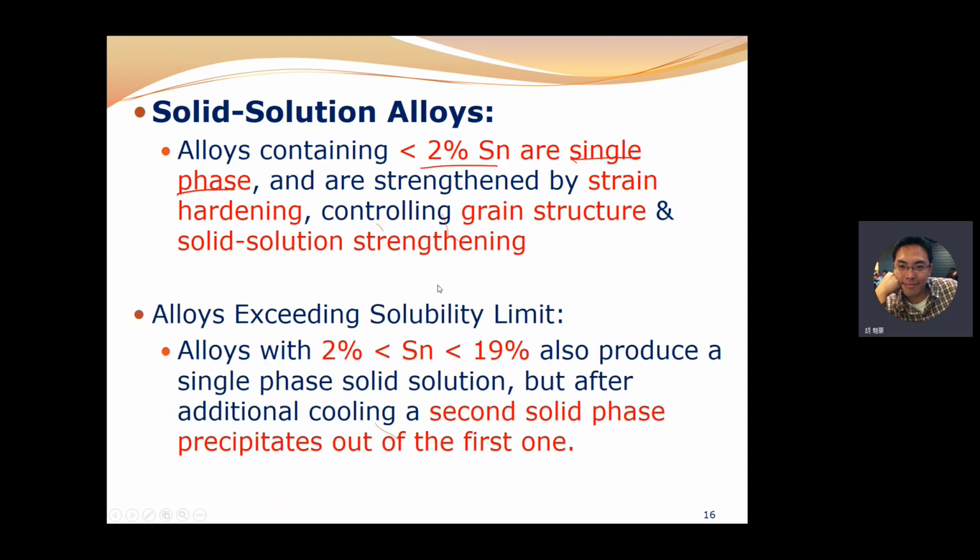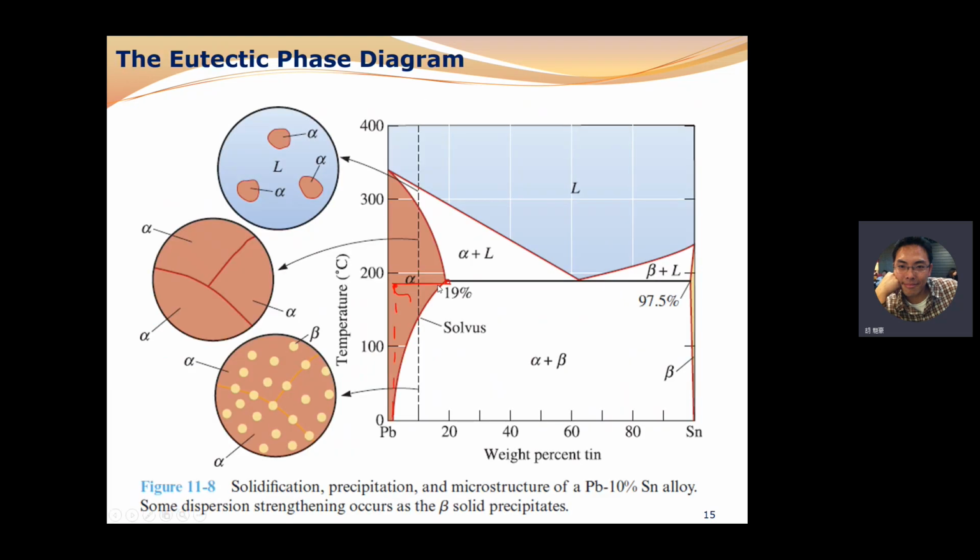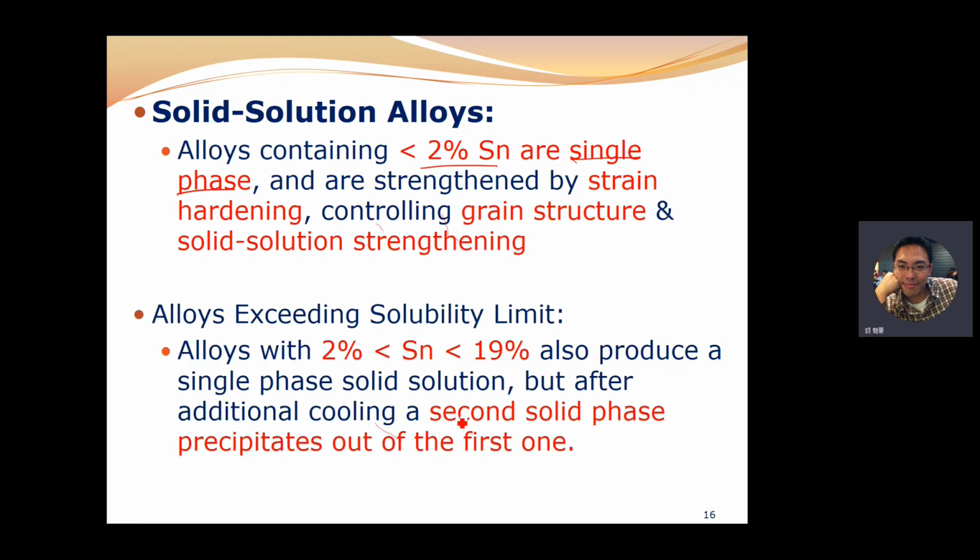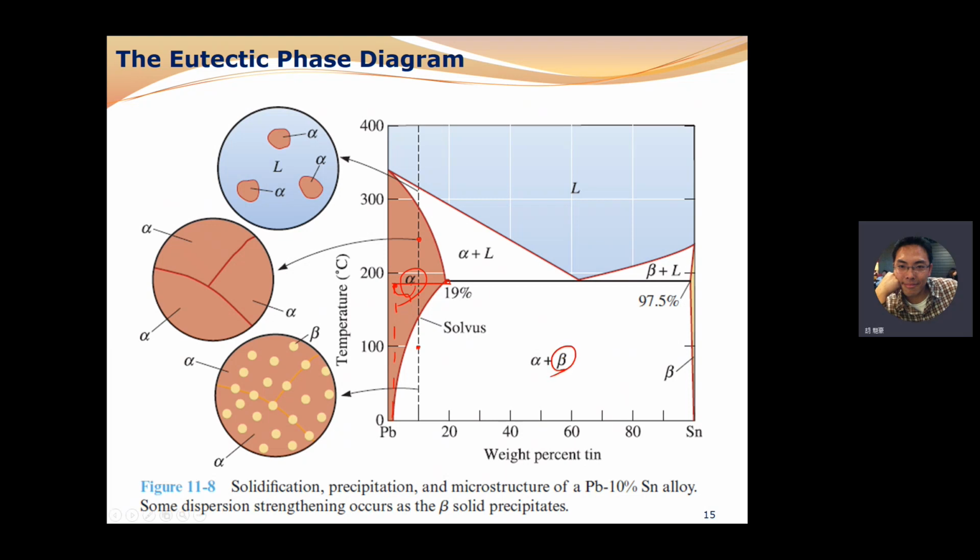Alloys within this range also produce a single phase of solid solution. It's still an alpha solid solution. And if we keep cooling down from this point to this point, the second solid phase precipitates out of the first one: the beta phase, the beta solid solution.